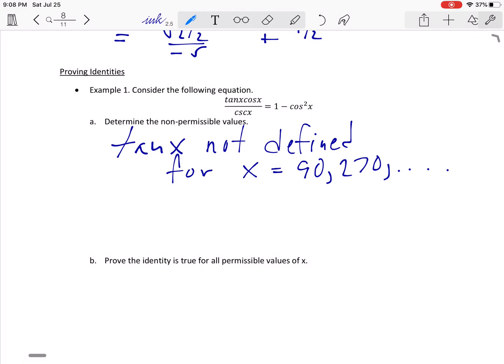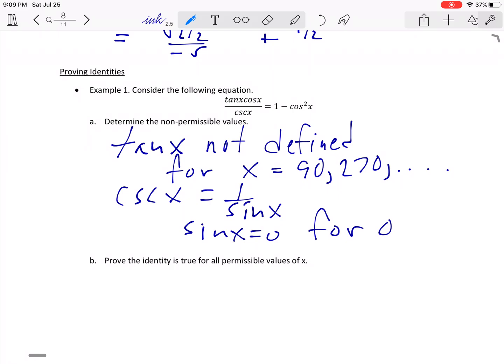And then we've got cosecant at the bottom, and so that can't be equal to 0. Remember, cosecant x is equal to 1 over sine x. So basically the sine x can't equal 0, and sine x equals 0 for 0, 180, and so on.